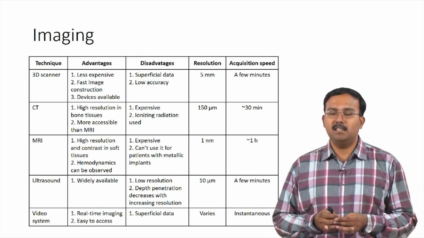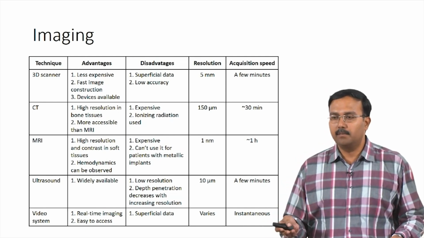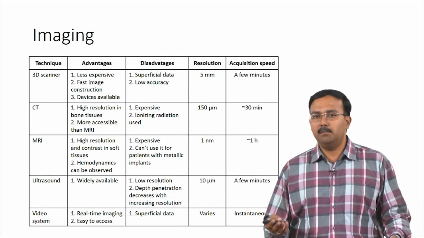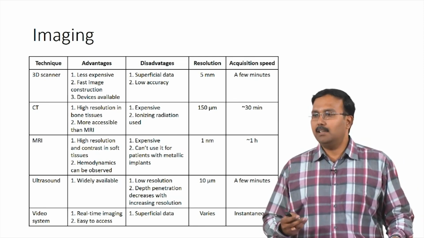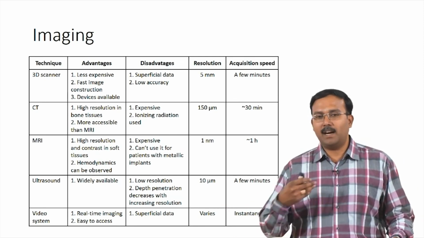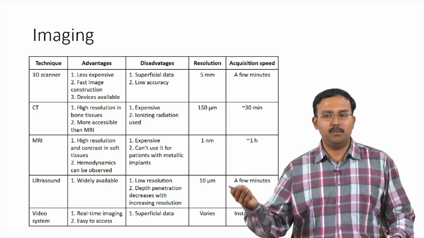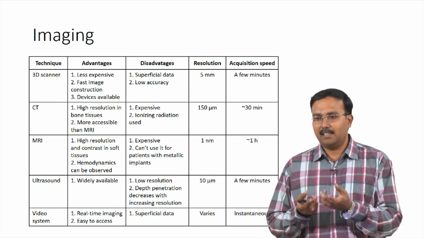The problem with this is that it has very low accuracy. It will give only about 5mm accuracy, but you get very fast processing, so you have to compromise on the scanning ability.